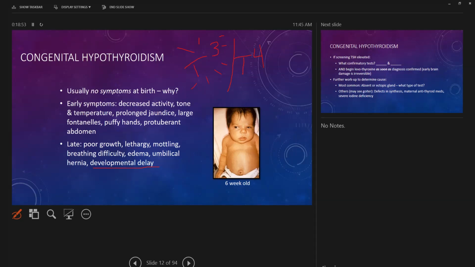Don't forget that like I did. At any rate, they start with T3 and T4 from mom, but eventually that's going to tail off, and then they'll start having symptoms.